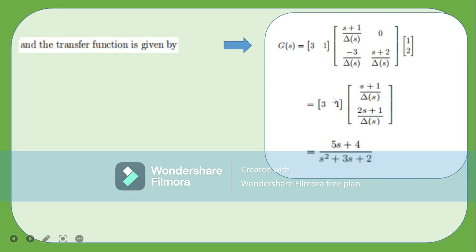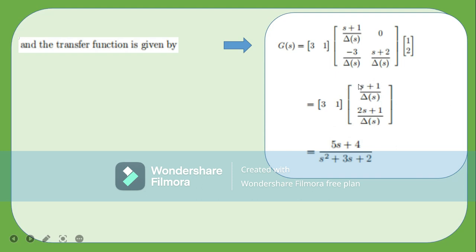Just remember, we still have the matrix C here. So what do we do next? We still go by the same multiplication. This times this plus this times this. So that is 3 times this, which will give you 3x plus 3, plus 1 times this, which will be 2x plus 1. So here you're going to have 3x plus 3 plus 2x plus 1, all divided by this determinant, because their denominators are the same.